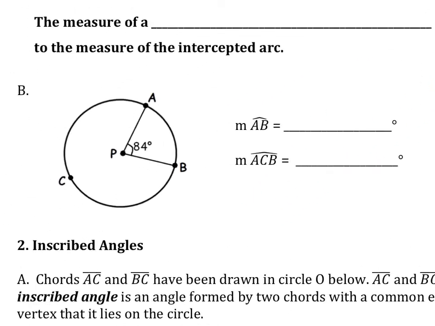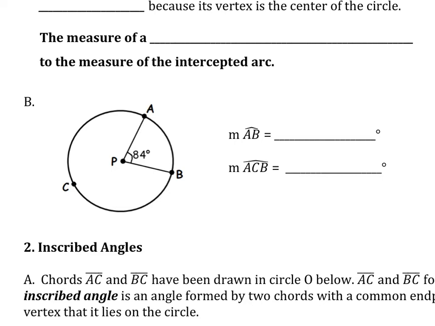So if I look at this example, angle APB is a central angle. It is equal to 84 degrees. That means that the intercepted arc will have the same measure. So the measure of arc AB is 84 degrees. Now arc ACB, so that's a major arc. Let me use a different color to highlight that.